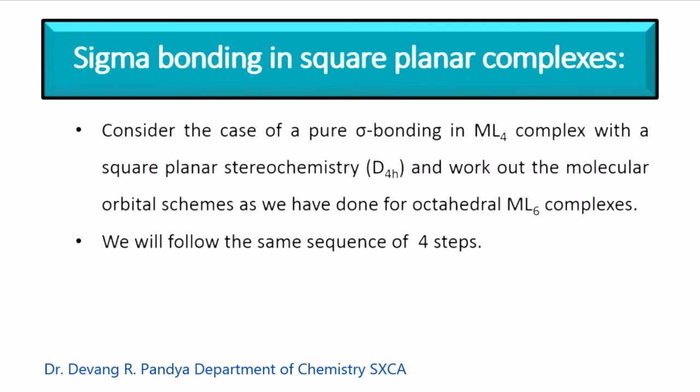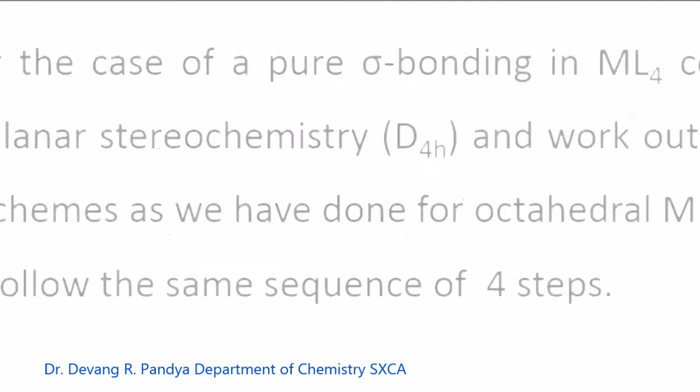And then finally in step 4 we generate the MOED, molecular orbital energy diagram. Using all the 3 steps, we arrange the molecular orbitals in increasing order of energy, with the interaction of atomic orbitals of the central metal ion and LGO, and that way we generate the molecular orbital energy diagram, in short MOED.